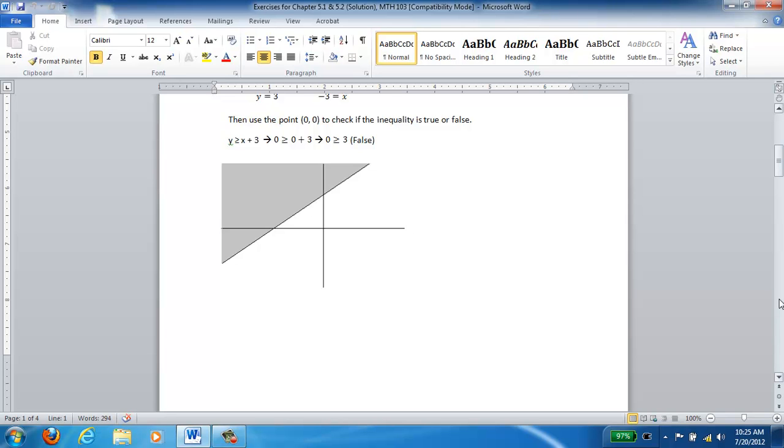Now choose a convenient point to test. Once again, the point (0, 0) will work here. When we substitute that into the original inequality, we get the statement 0 is greater than or equal to 3. That is a false statement, so the other side of the border region is shaded.